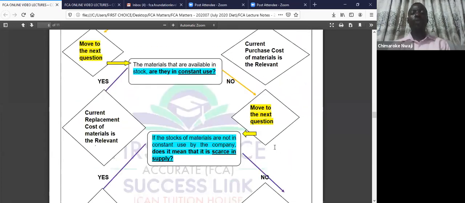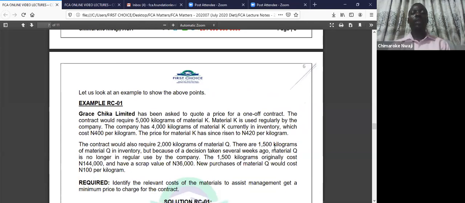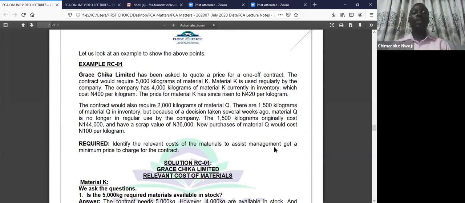Let's look at one question to talk about material costs. Let's look at ROC01. Grace Chika Limited has been asked to quote a price for a one-off contract. So how do you know a question is relevant costs?